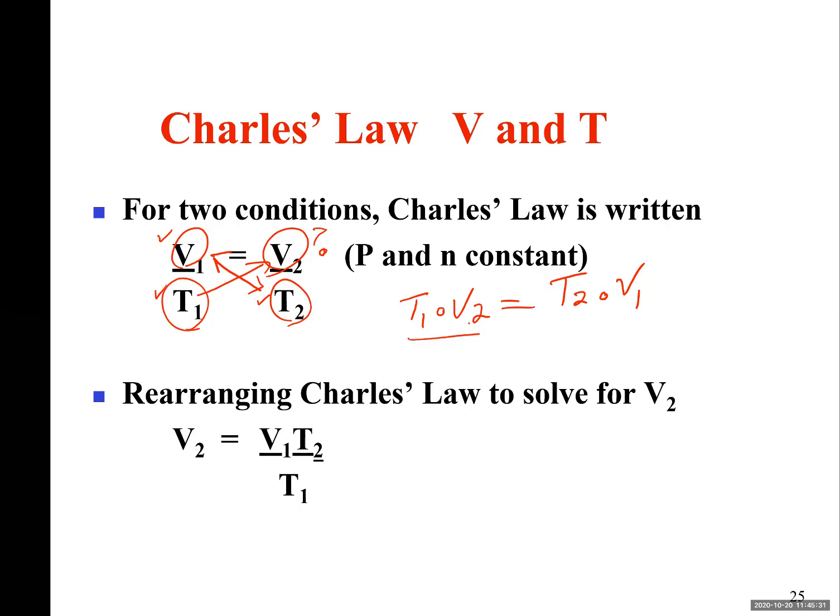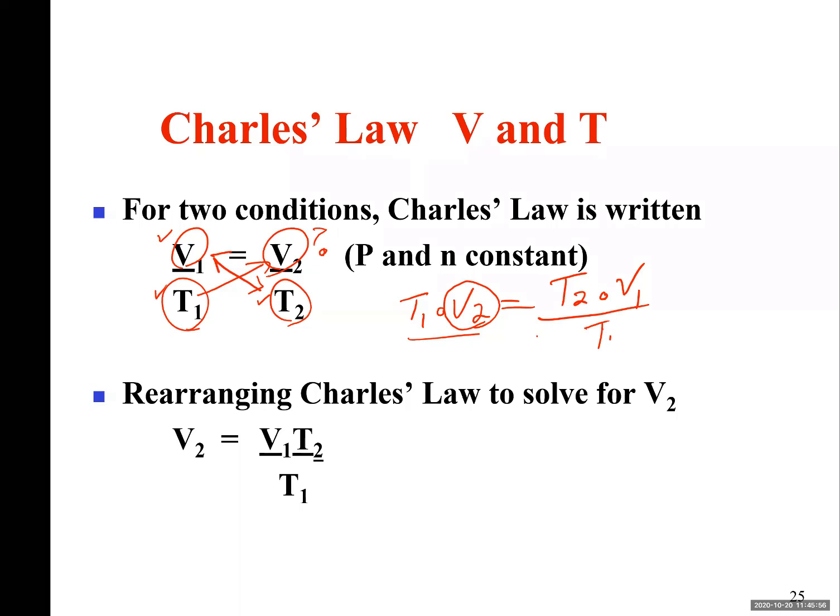And if V2 is the unknown that you want to solve this equation for, what should I do? How do I solve this equation for V2? Can I get a suggestion from anybody? Anybody? You divide by T1. Yes, thank you, Victoria.